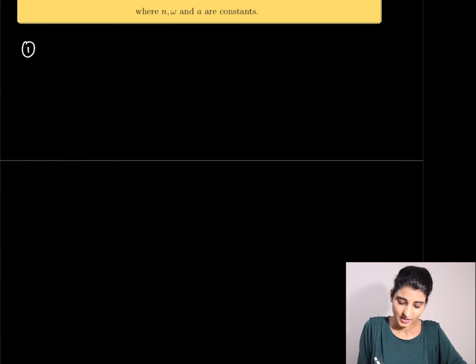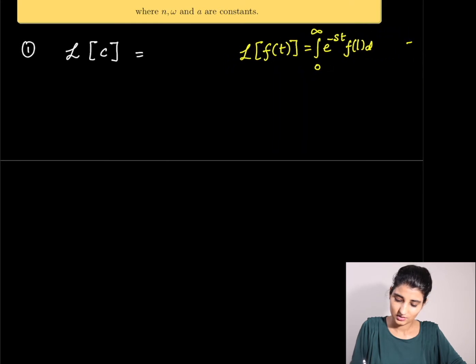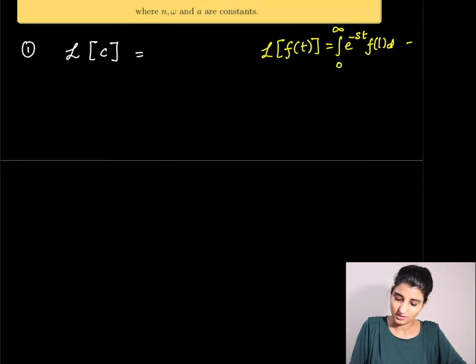So first we want to find the Laplace transform of a constant function. If you remember, the definition of the Laplace transform of f(t) is the integral from 0 to infinity of e^(-st) f(t) dt.